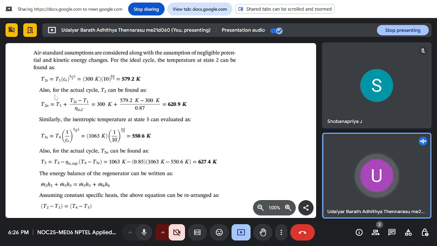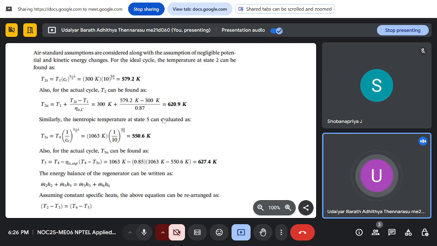So rearranging, this is what you get. T2 actual is T1 plus (T2S minus T1) by your compressor efficiency. So T1 is 300 Kelvin and T2S we have found out, and the compressor is 87% efficient, so it is 0.87. So rearranging, you get T2A as 620.9 Kelvin.